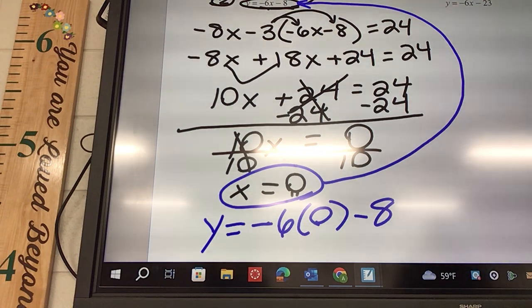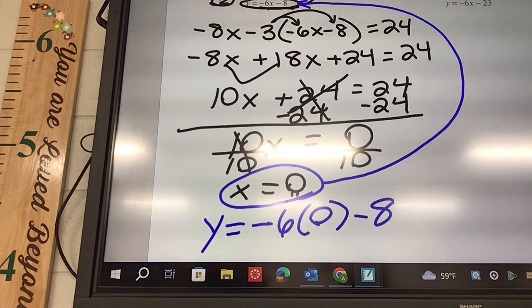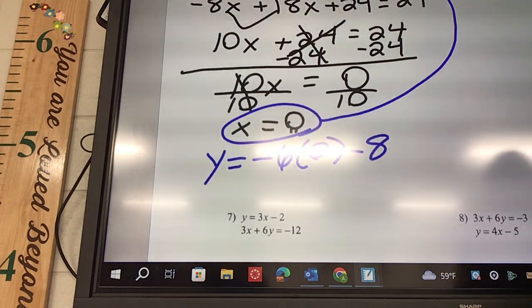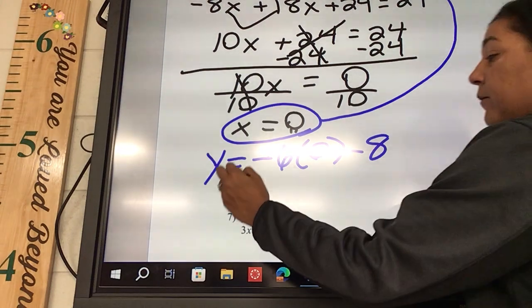To save yourself some work, you can type all that in your calculator. So you can type in negative 6, parenthesis, 0, close parenthesis, minus 8. And what do you get? Negative 8.